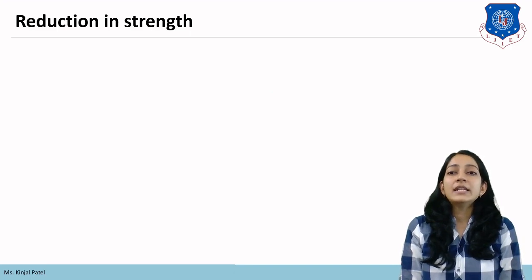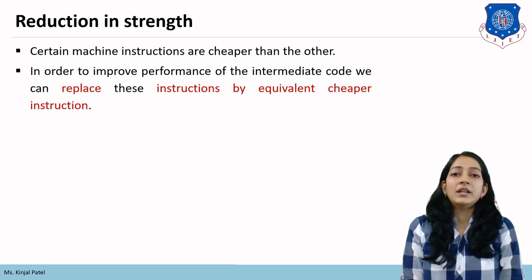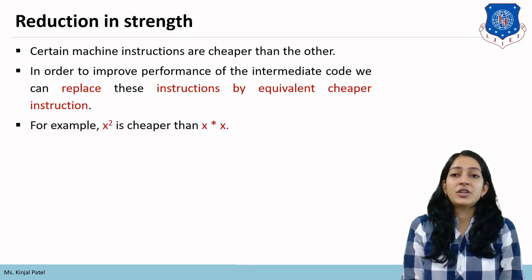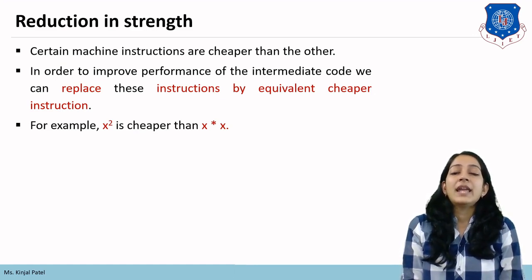Now the fourth technique is reduction in strength. Certain machine instructions are cheaper than others. In order to improve the performance of the intermediate code, we can replace these instructions by an equivalent cheaper instruction. For example, x square is cheaper than x star x.